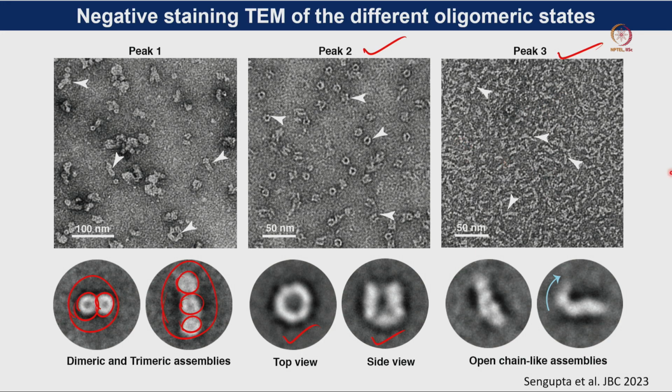monomeric structure. This protein is an elongated shape protein, and you can see there are multiple monomers all over this grid.